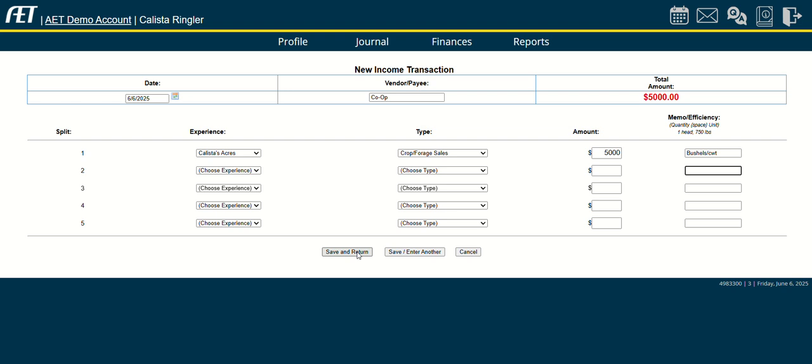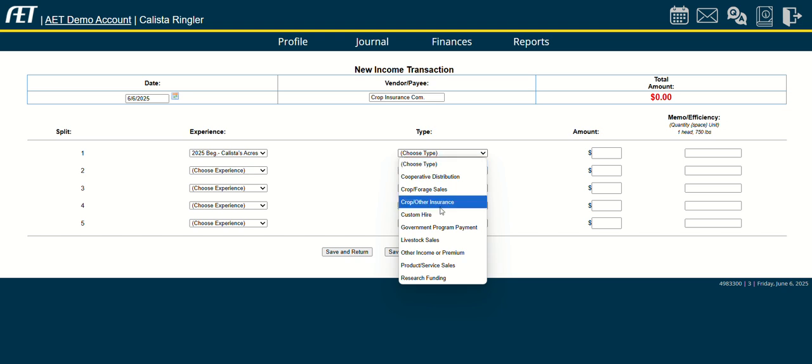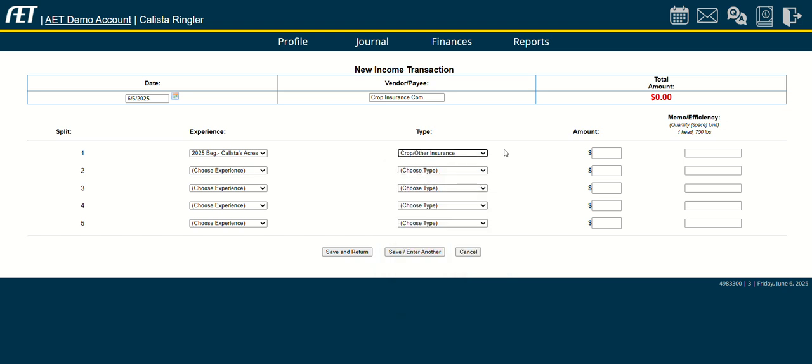So I can save and return, or I can save and enter another, which would just refresh this page. And that's when I could change this to say my crop insurance company. And I could choose my experience, choose other insurance, say for the amount, and then say hail damage.